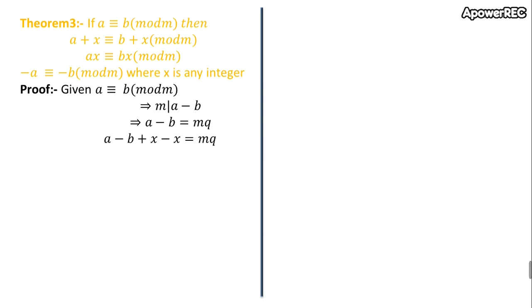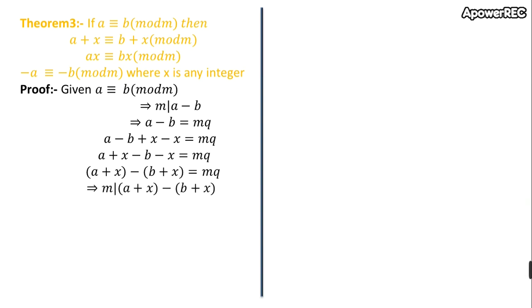Add x and subtract x to the left hand side, we get a minus b plus x minus x equals mq, and rearrange the terms in the left hand side as a plus x minus b minus x equals mq, and group them as (a plus x) minus (b plus x) equals mq. The left hand side is a multiple of m, hence we can write it as m divides (a plus x) minus (b plus x).